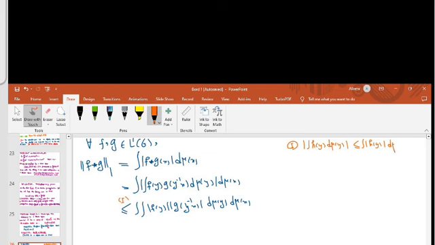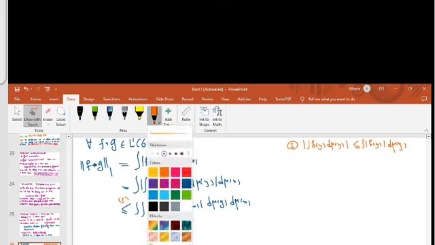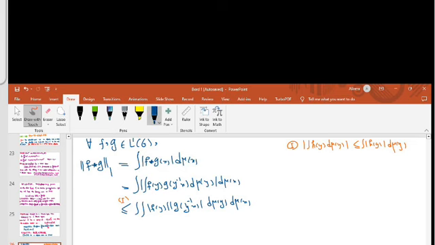Okay, we know this inequality in the Lebesgue integral, and this is equal to, by the Fubini theorem, f of y g of y inverse x d mu x d mu y.